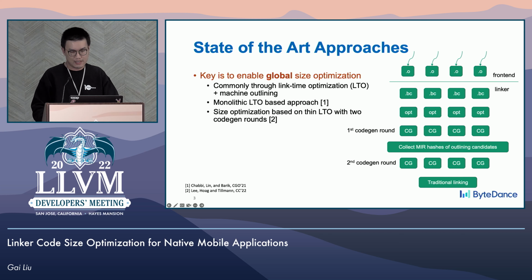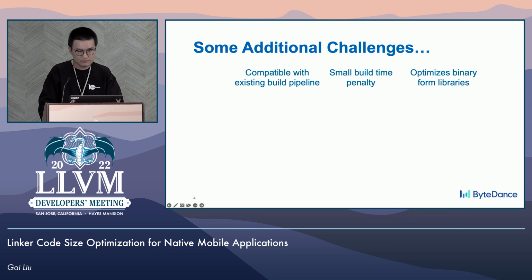In the first round, they collect the potential outlining candidates across modules without actually committing to outline them. Then in the second round, they make the outlining decisions globally based on the results collected from the first round. This approach improves compile time, but since we still need to run the codegen twice, the build time overhead is still around 40%.